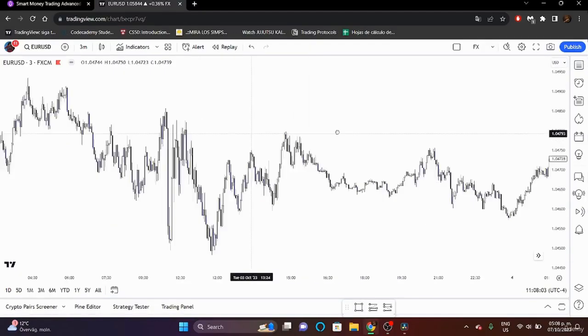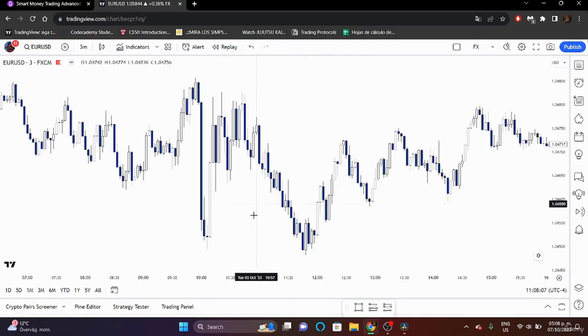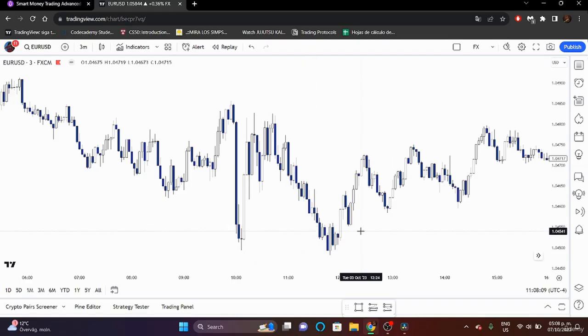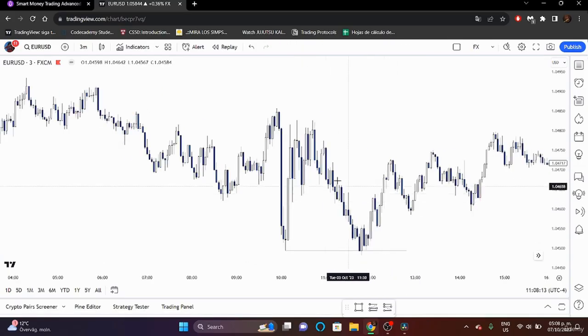In this class, we're going to be talking about what a propulsion block is. Okay, a propulsion block is pretty much, let's say we have this liquidity resting over here. We touch it, okay, and we go up. We have this order block which gets disrespected as soon as we do this.